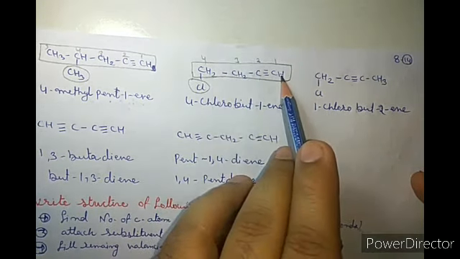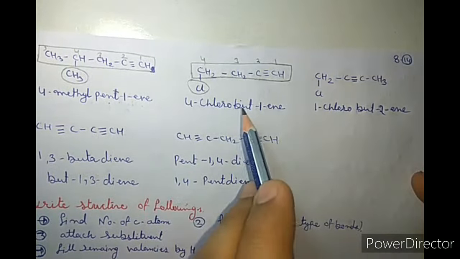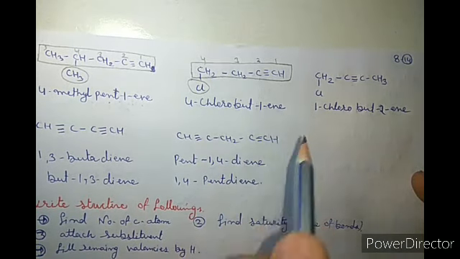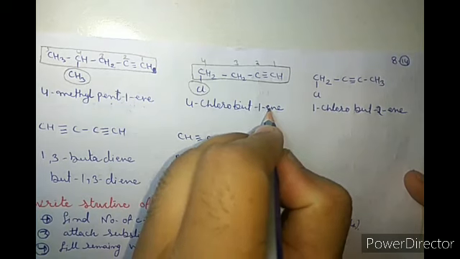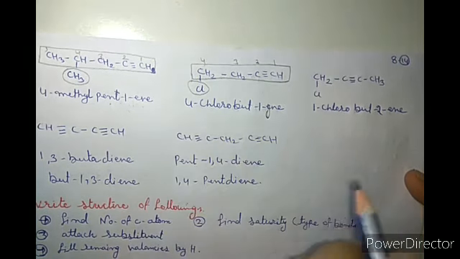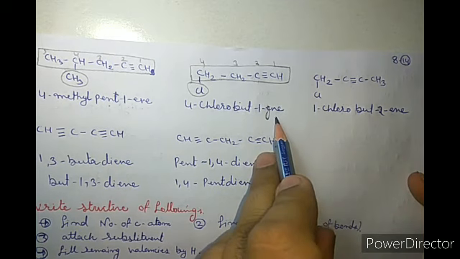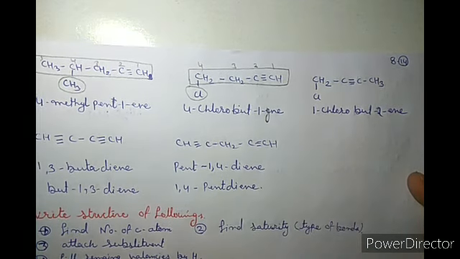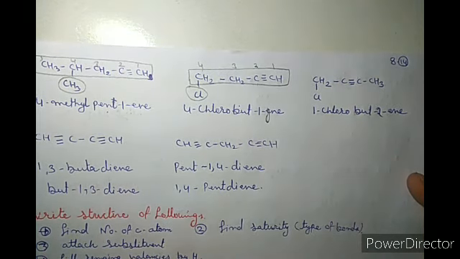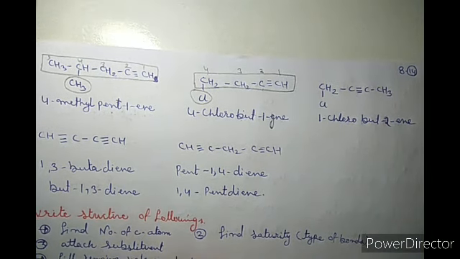The main chain has 4 carbons, so that is but. The triple bond is present on the first one. That is 1-butyne. Got it? Understand or not? Now the next one.